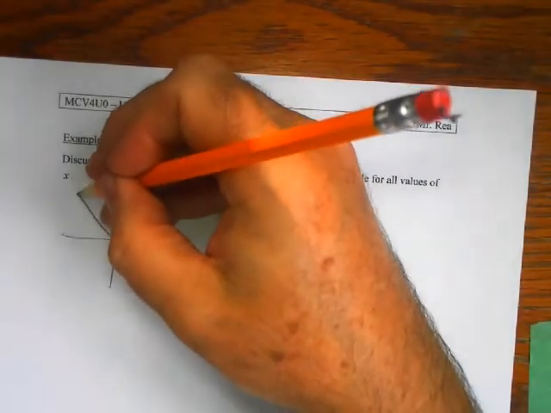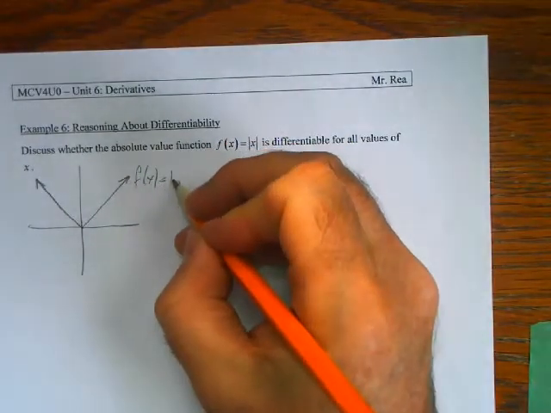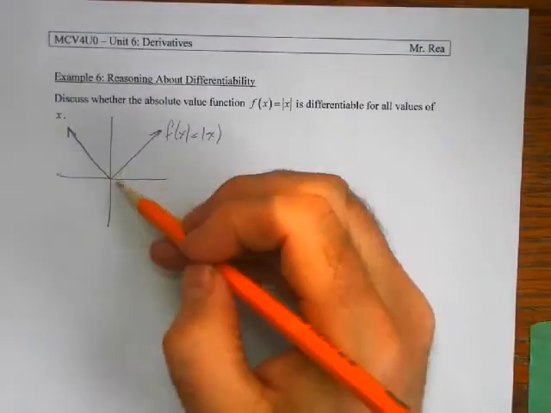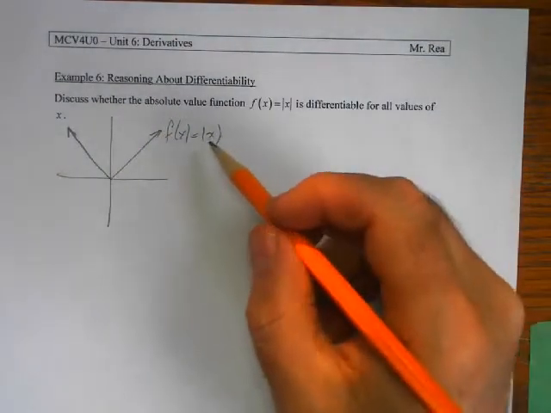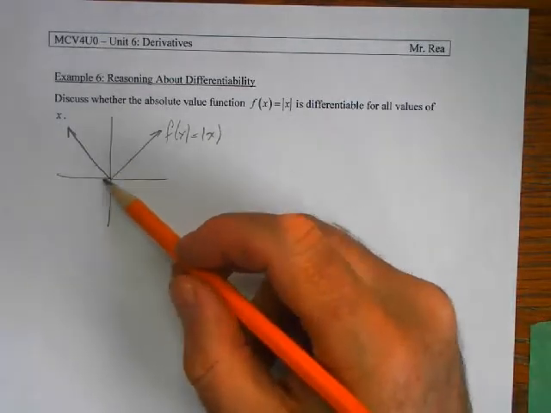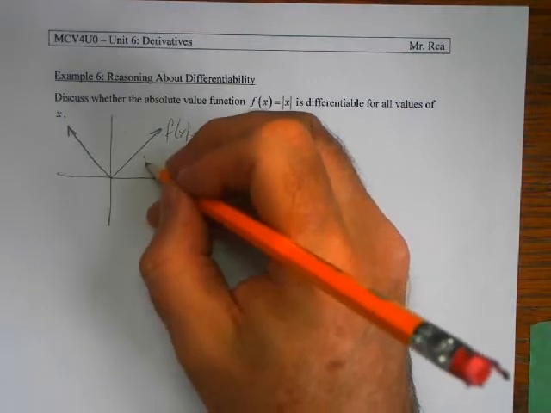And in a way, it's kind of like a piecewise function here because at x being 0 and greater than 0, you could say that this is y equals x. But on the other side here, it's y equals negative x.